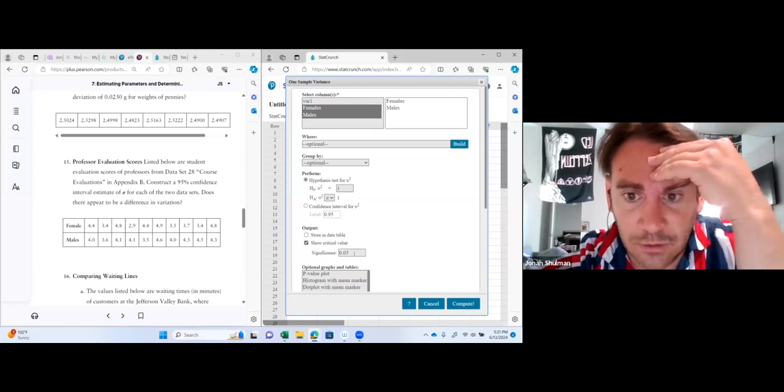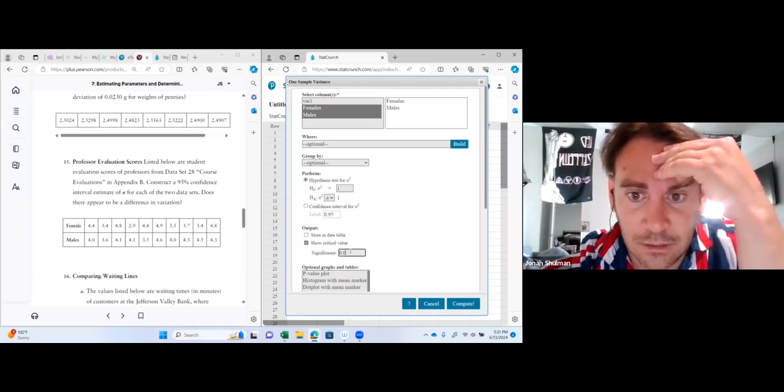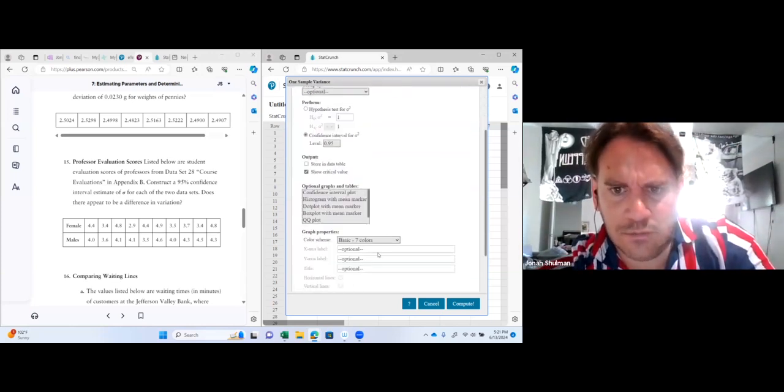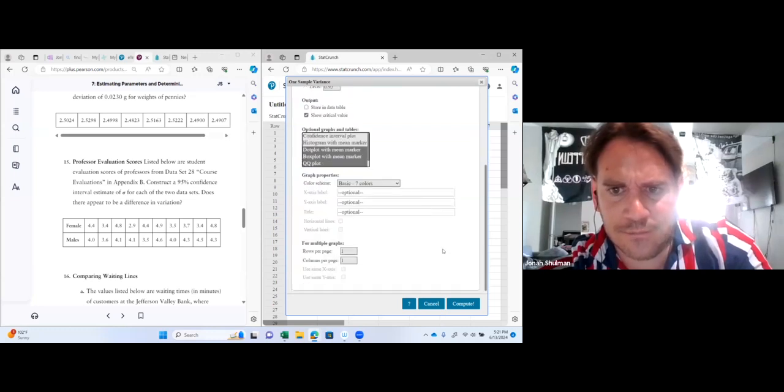Show the critical value. We can do dot plots and markers and a QQ plot.